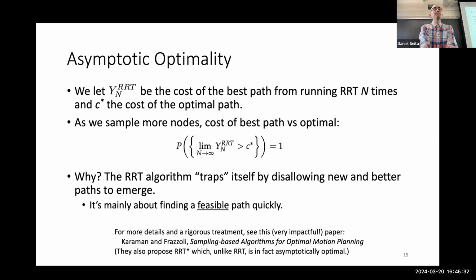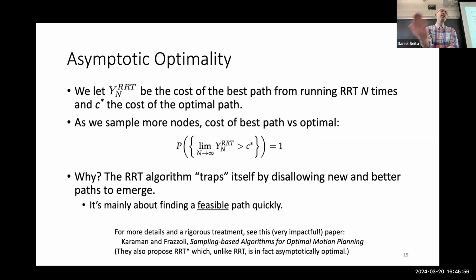Asymptotic optimality. Let this be the cost of the best path from running RRT for n samples, and C star is the cost of the optimal path.